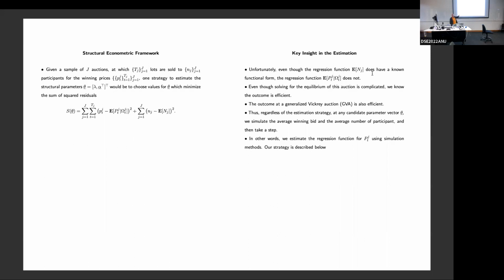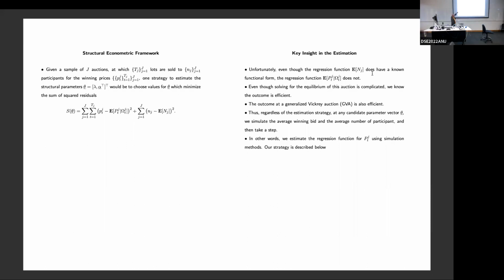So you simulate how many units everybody wants. You count up the number of zeros, and that gives you the non-participants, and then 1 minus that is the participants. Then for every m, you generate some values for a current value of theta, and you run a Vickrey auction, and you find the winning bid, and you save it, and you do that S times.